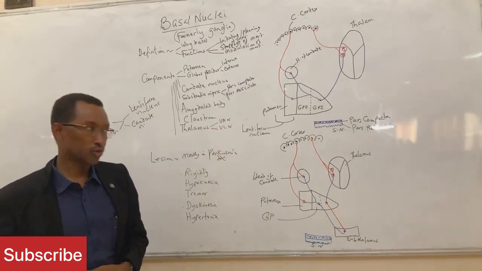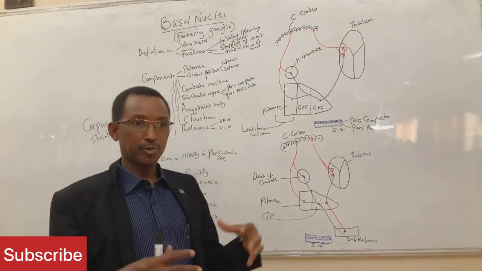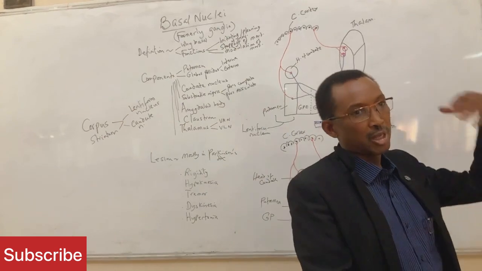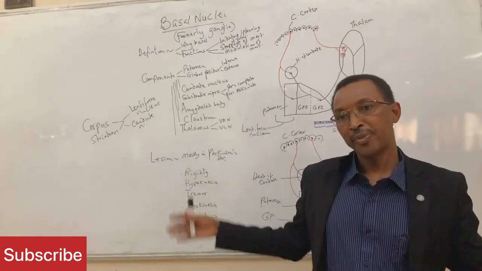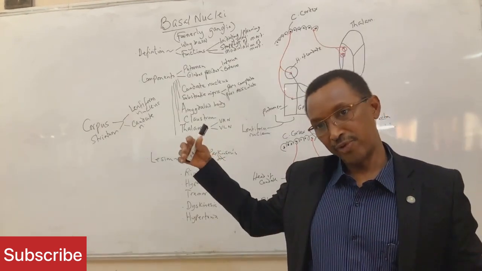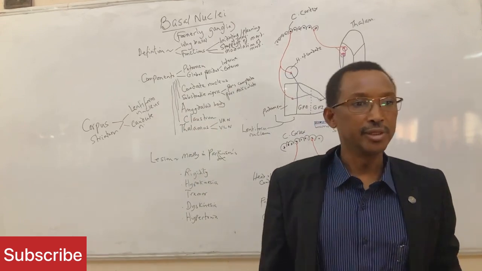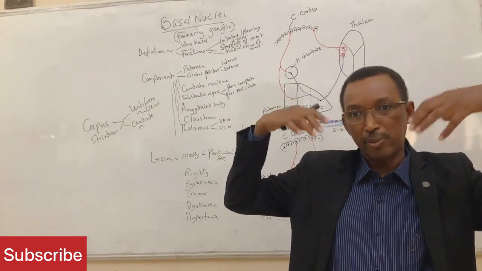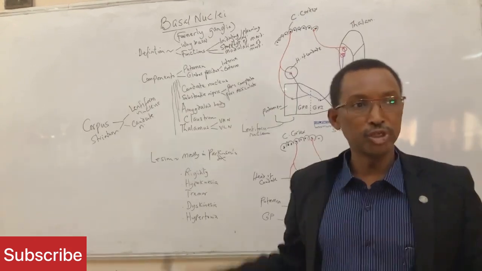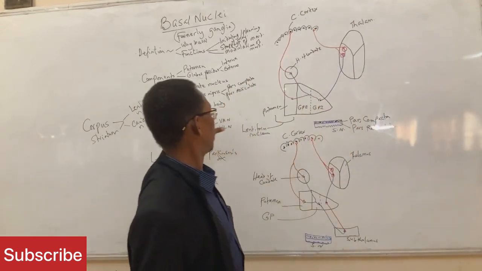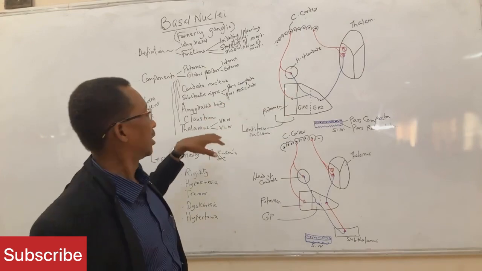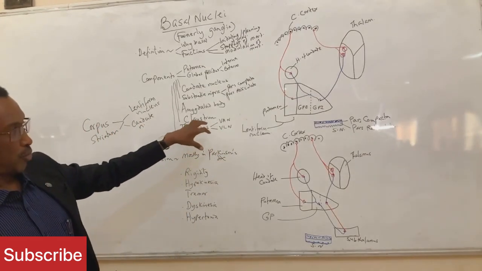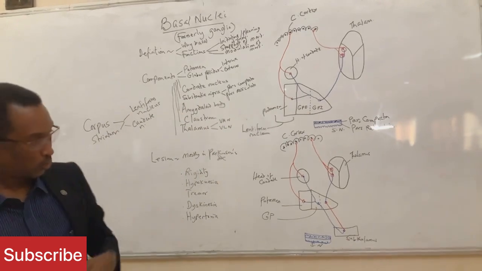Together they are responsible for the planning and initiation of movement, where motor information comes from the cortex, passes through part of the basal nuclei, and finally goes into the thalamus. These two nuclei are the ones of importance with regard to the basal nuclei.